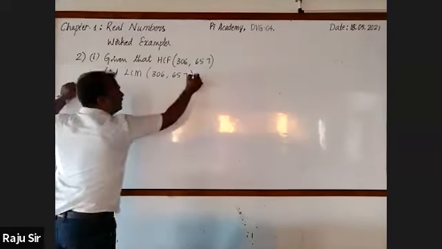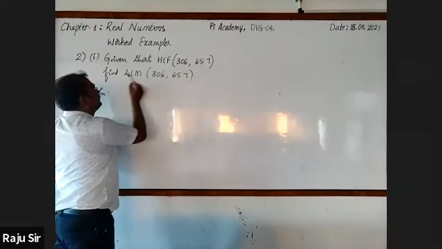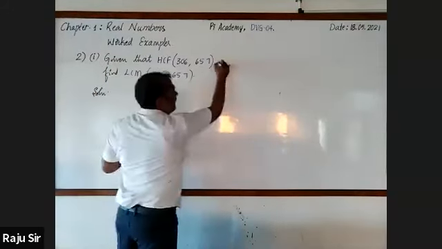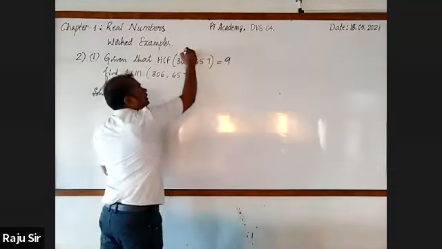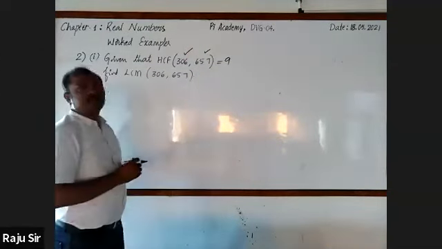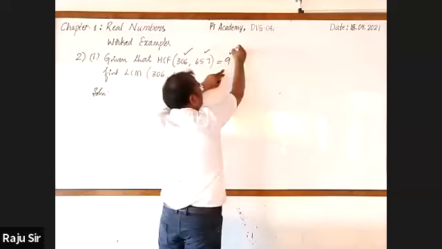Now let's come to know how to find it. Just observe here, the numbers are 306 and 657, and their HCF is 9.